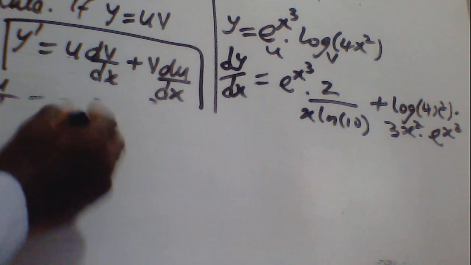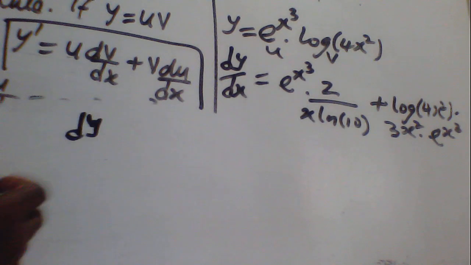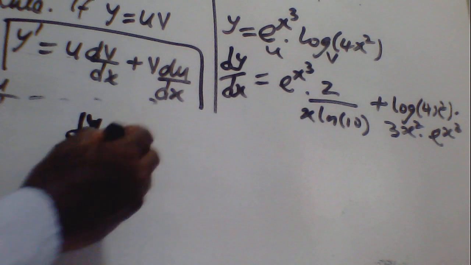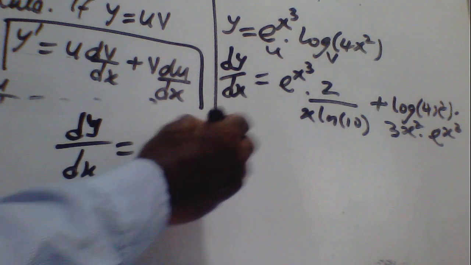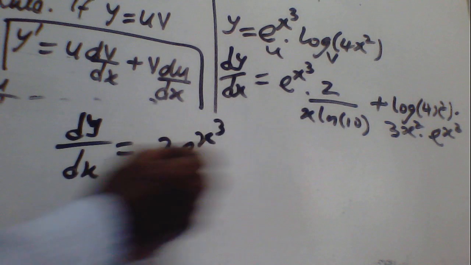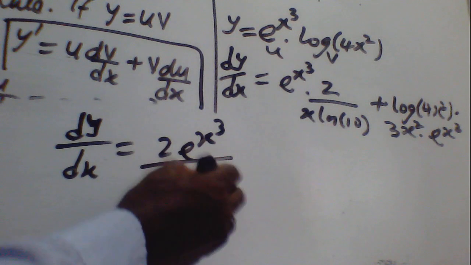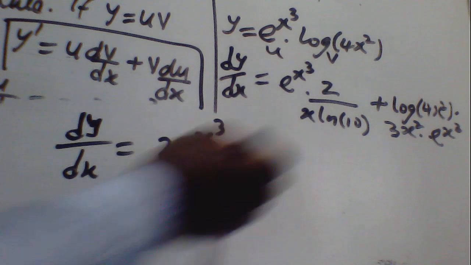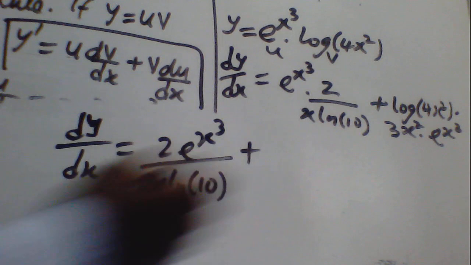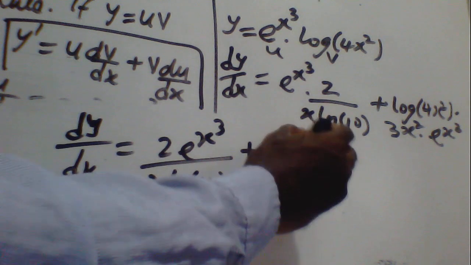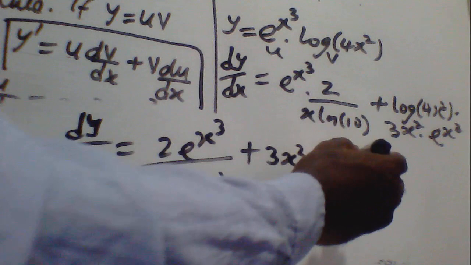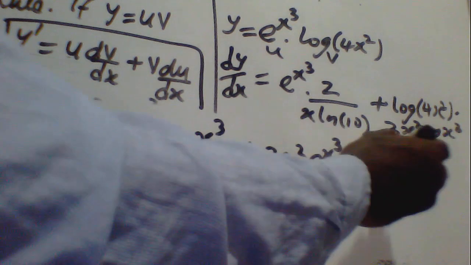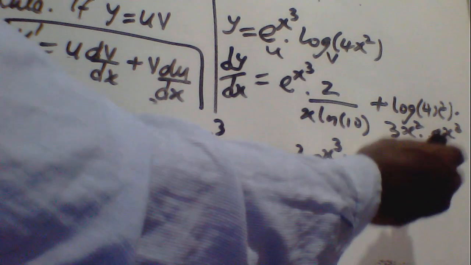So in this case we have dy dx is equals to 2 e raised to power s raised to power 3 divided by s ln 10 plus 3s squared dot e raised to power s raised to power 3 log 4s squared.